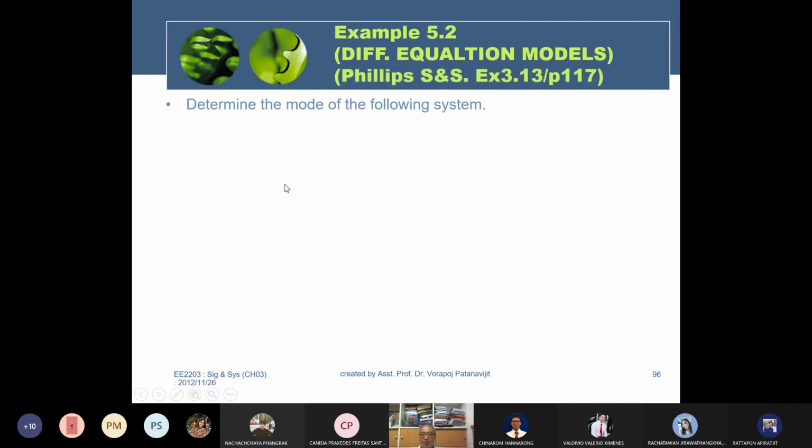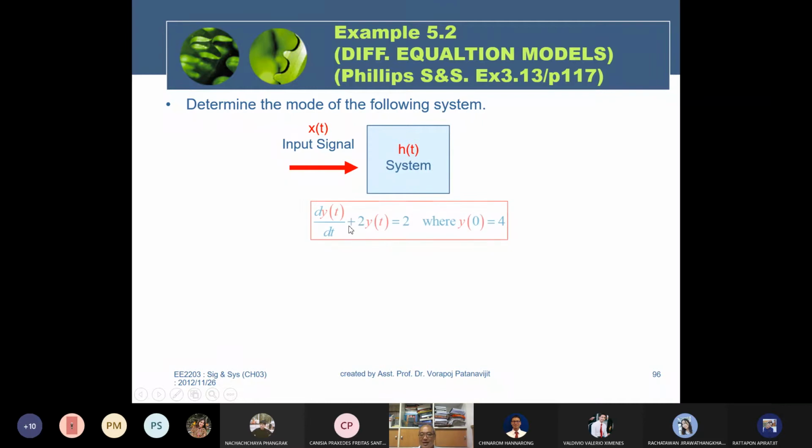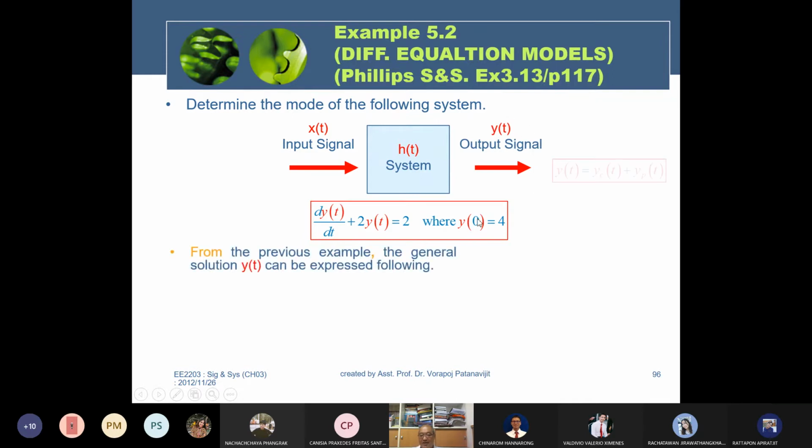Now, to help you understand the relationship between the system and the differential equation: if you have the input and you have the system, and the system can be expressed by the previous differential equation, the example shows the output here. From the previous example, the general solution y(t) can be expressed in terms of the complementary function and the particular solution.